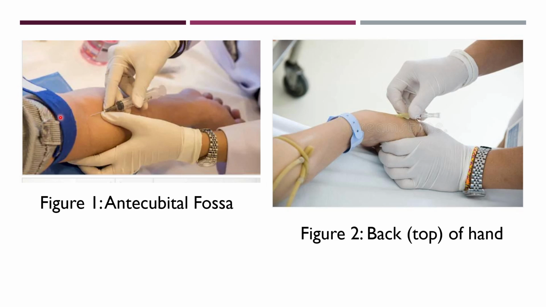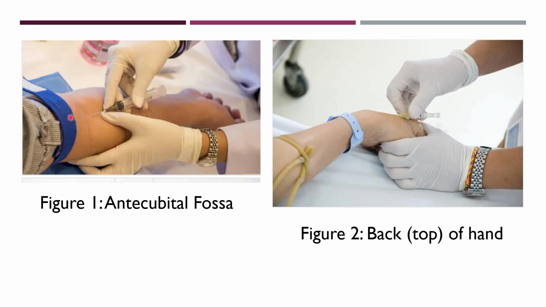Usually this tourniquet should be placed four fingers above the collection area. So there should be a four finger distance between the sample collection site and the tourniquet. And the tourniquet should not be too tight or too loose. It should be appropriately tight so that you can easily retrieve the blood.